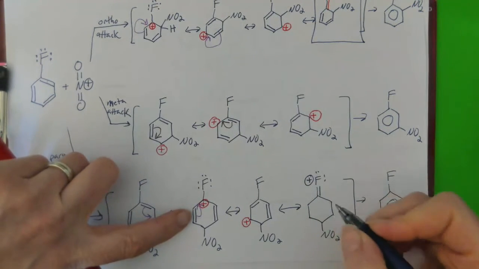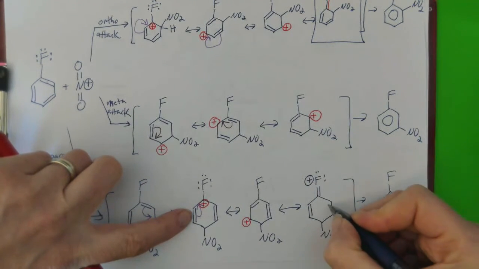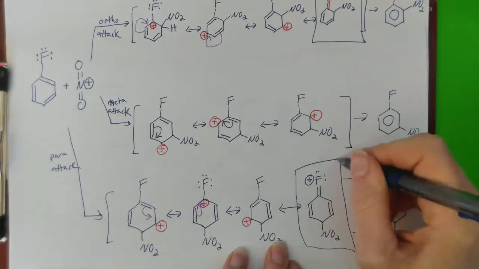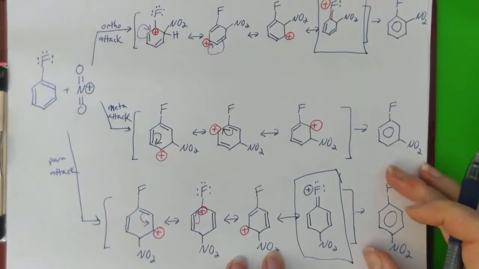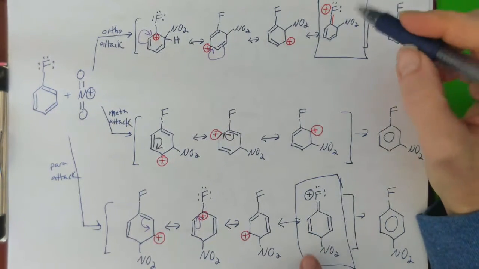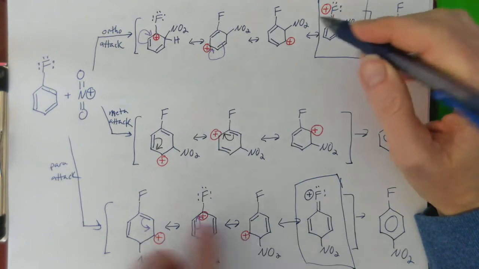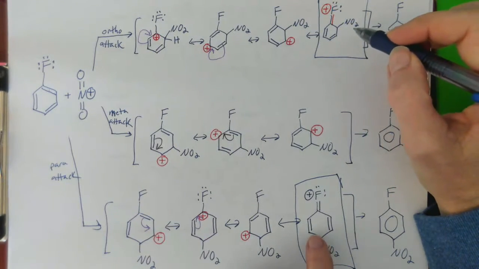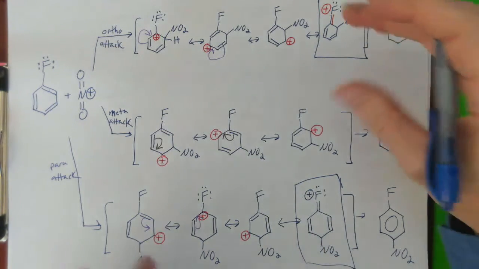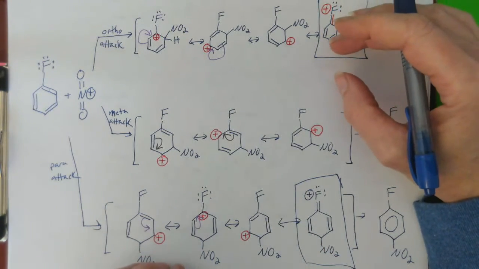And then notice every atom would still have an octet. So this is especially stable. So when you find, as part of the resonance hybrid, something that's especially stable, we know that the transition state leading to that intermediate is stabilized.